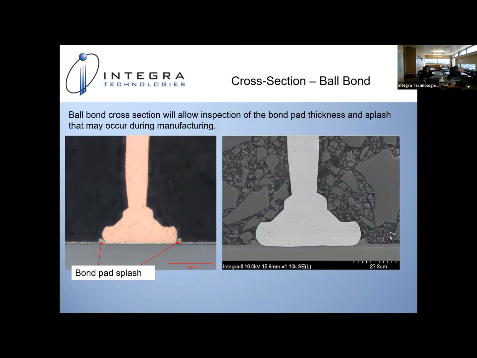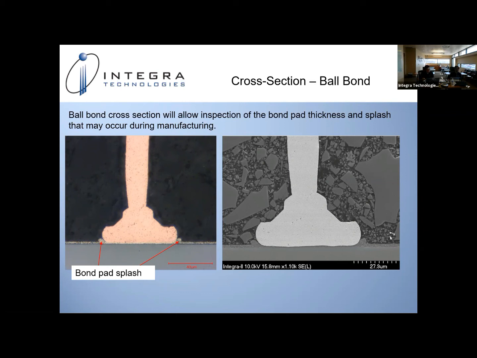So somebody asked the question, how reliable is copper bonding? If the copper bonding is not done right, in the case of copper, it is so rigid that when the bond wire comes in and hits the pad, it comes in extremely hard.